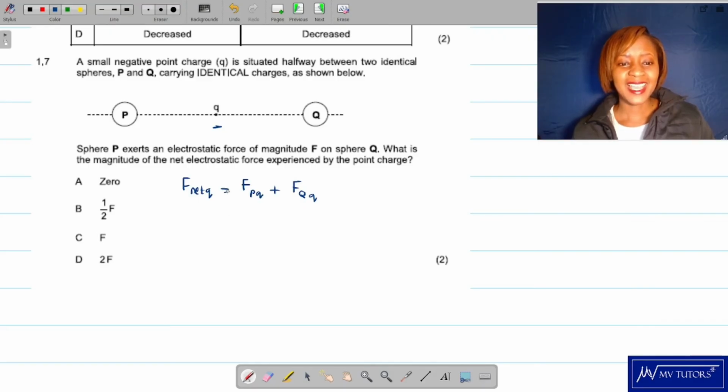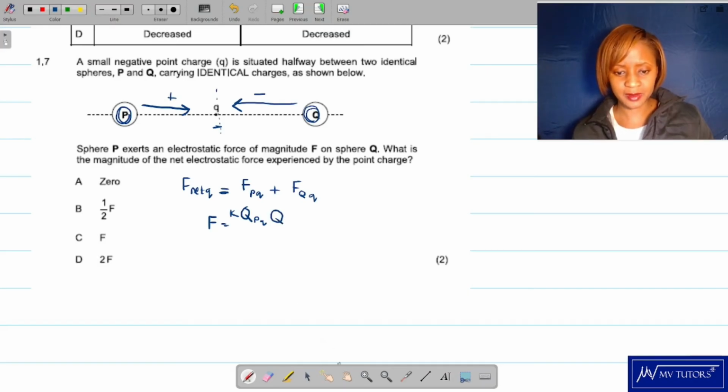Okay, and remember, this P will be attracted in this direction and Q will be attracted in that direction. We've been told that both have the same magnitude, and this is exactly halfway.